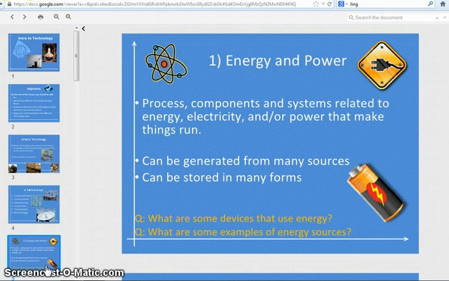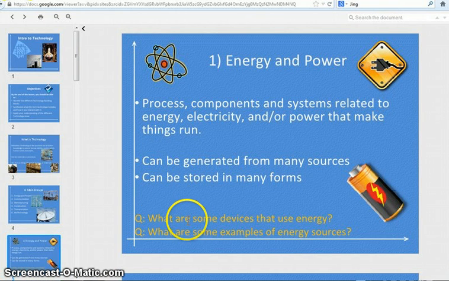So the first one is energy and power. This is the process, component, or systems related to energy, electricity, and the power that makes things run. So if it moves, if it uses electricity, any kind of energy, that would fall under this. If it stores energy, if it generates energy, if it relates to the transfer of energy or power, it could relate to it.